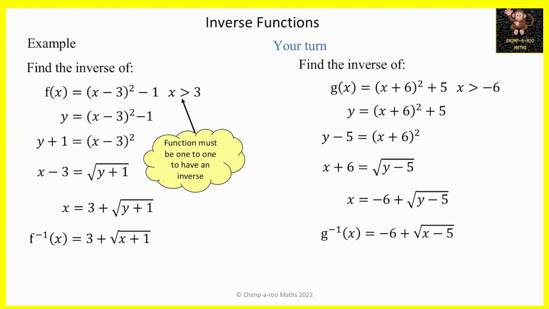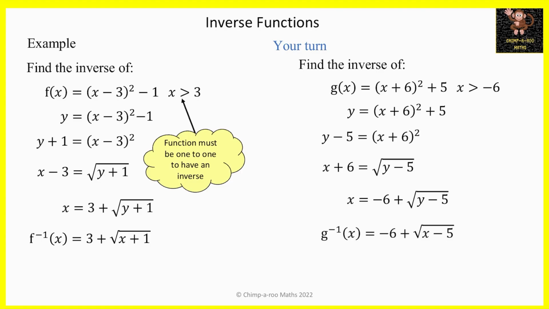Now, going back to what we said earlier about the input of one function being the output of the inverse. Our domain for g of x is greater than minus 6. Now if you look at your inverse, what is the range of the inverse of g?